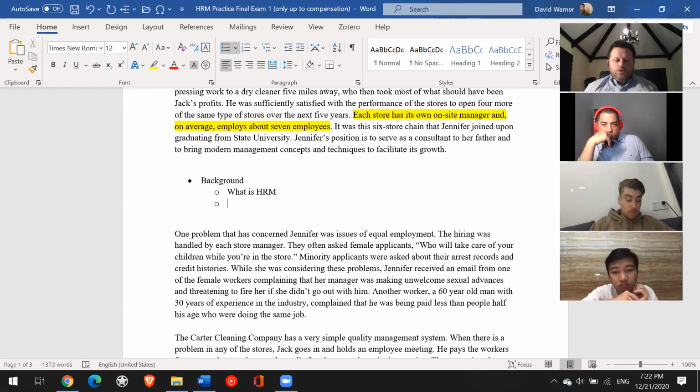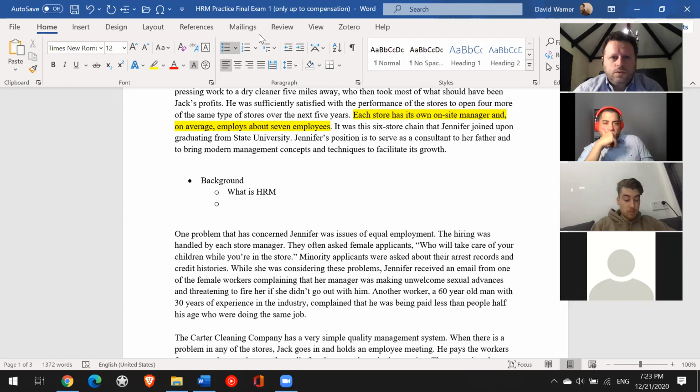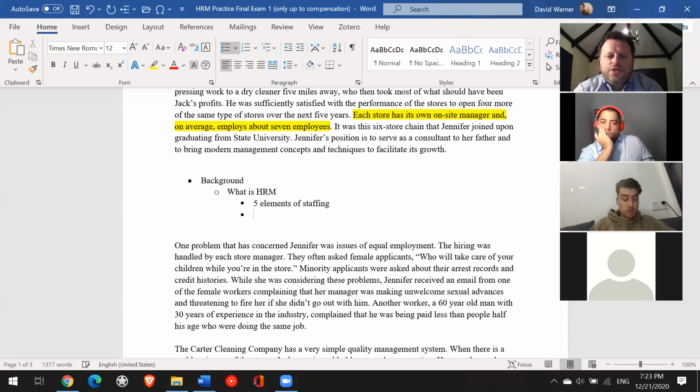Anything else you think we should discuss in the beginning? Anybody else have any background you would tell me besides what is HRM? The laws about employment, like sexual harassment. Well, I think that's next. I think this background is, with what is HRM, I would talk about the 5 elements of staffing, the 3 additional elements.